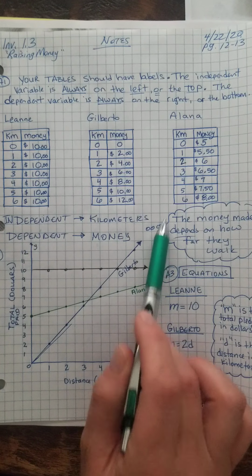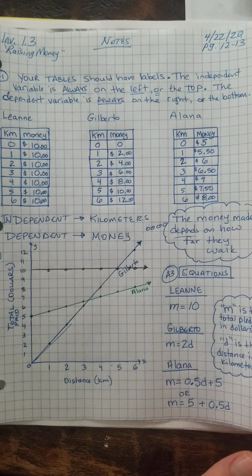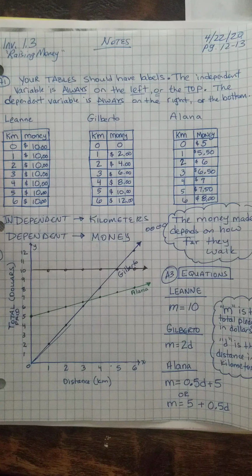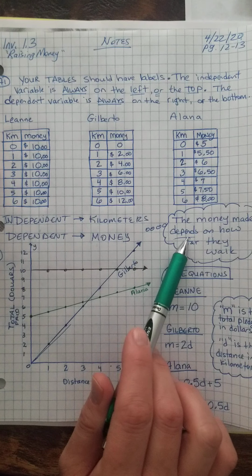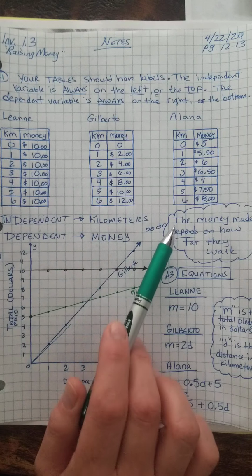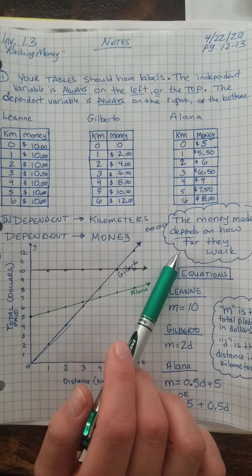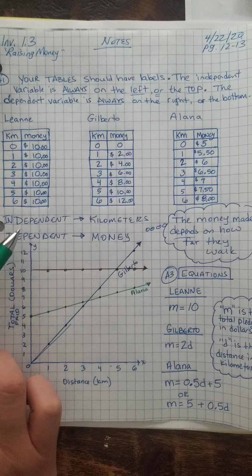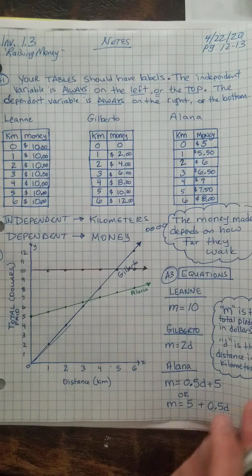I've said in the past, just say it out loud: does how much you make depend on how far you walk, or does how far you walk depend on how much you make? In this case, they're getting money based on how far they walk. So the money made depends on how far the students are walking. So just be careful of that.